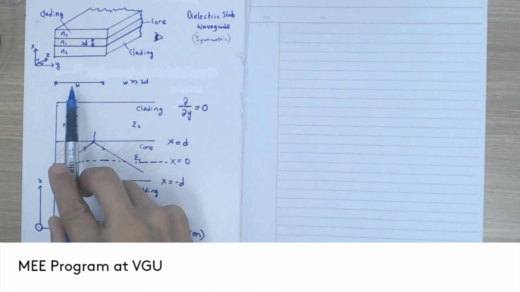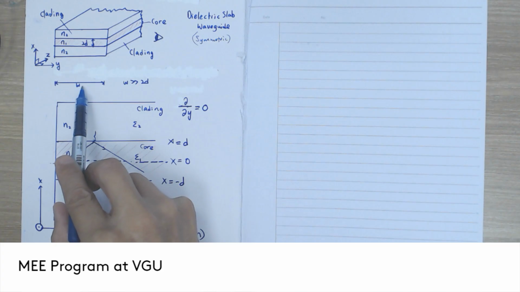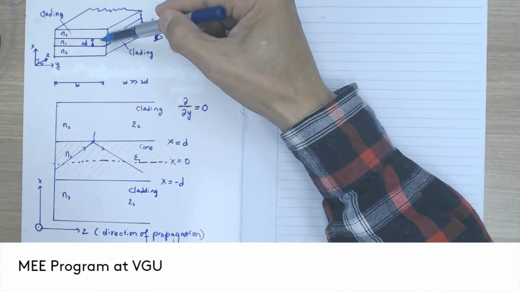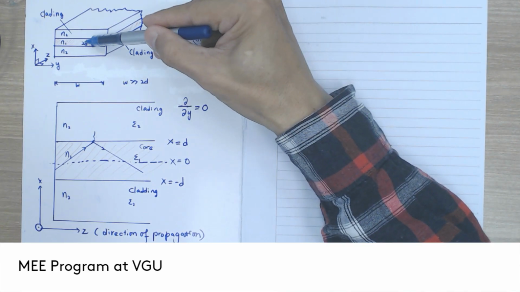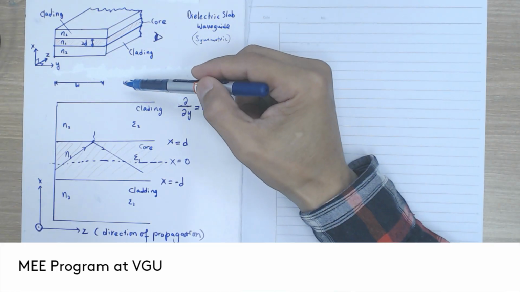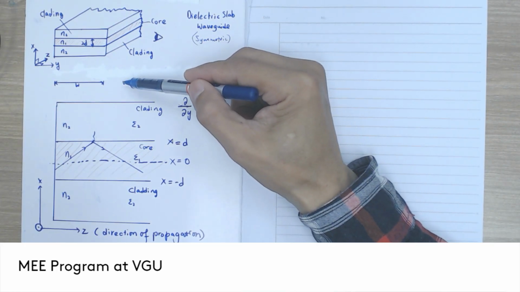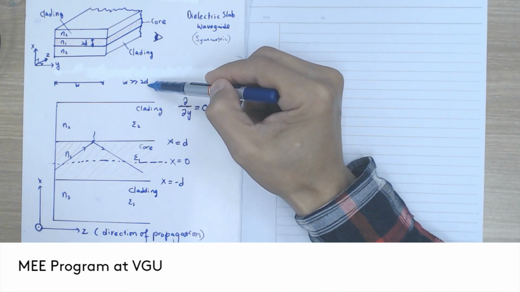The width of the dielectric waveguide is W. The thickness of the core of the dielectric waveguide is 2D, 2 times D. To begin with, we are going to assume that W is much greater than 2D.